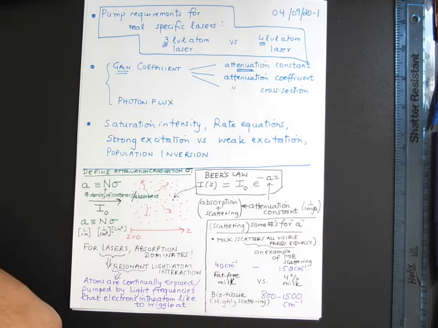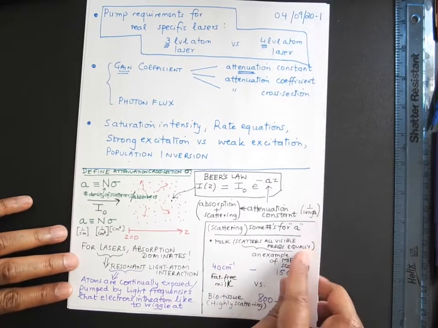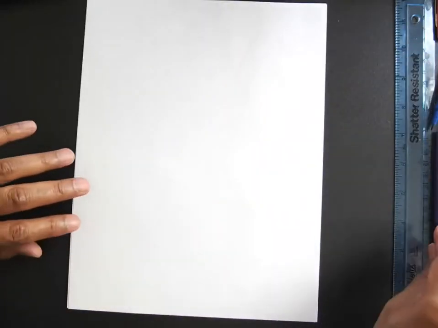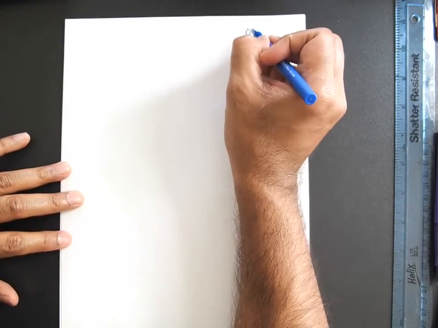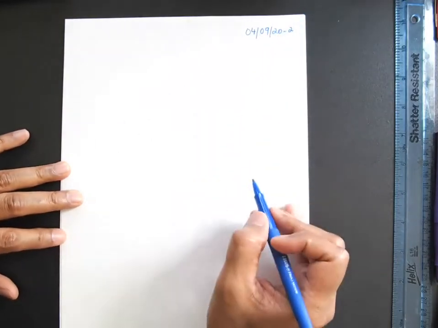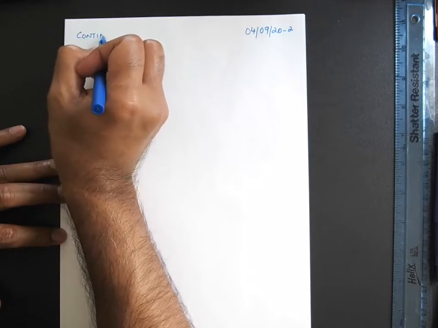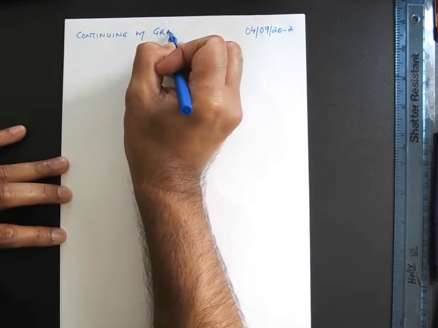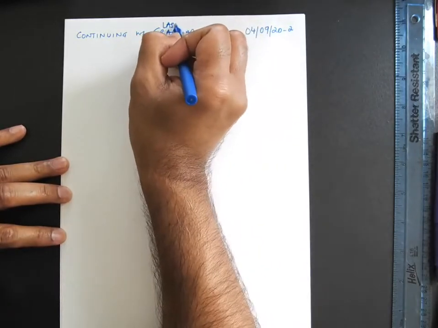Okay, so one more grammar thing that is left. We've discussed this, and there's one more grammar issue that we need to talk about, and that is the photon flux. Okay, so continuing with laser grammar.